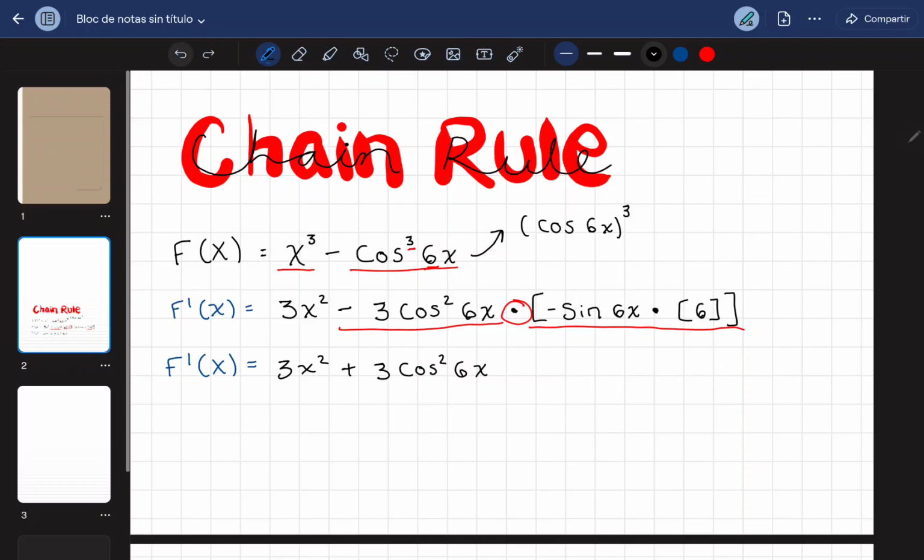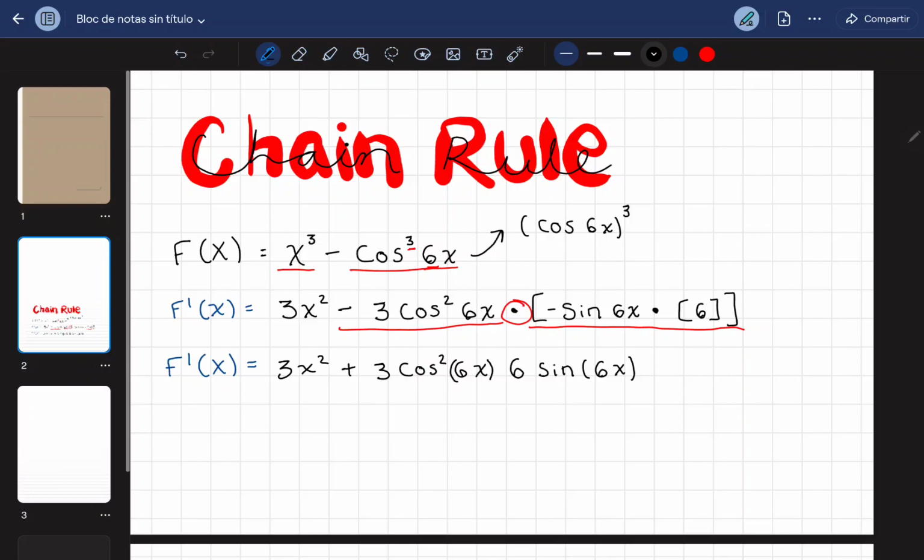Wait, sorry. Yeah, we can put here a parenthesis because of the 6 that we have in here. Or not in there, it can be also just like here. Yes, just to identify which one is the number and which one is the angle. And this 6 sine of 6x.